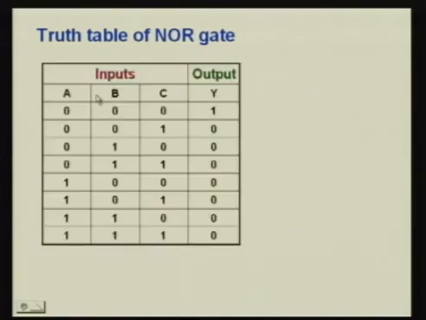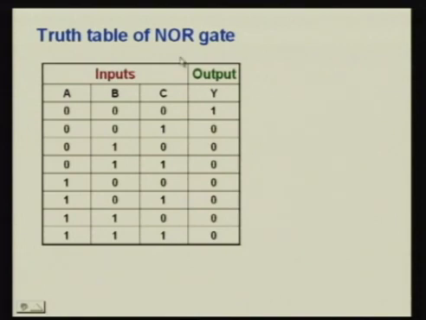We will discuss a 3-input NOR gate. A, B, C are the inputs and Y is the output. It is very interesting to see: if we have inputs 0, 0, 0, that is A, B, C all 0, then if it were an OR gate the output would have been 0.